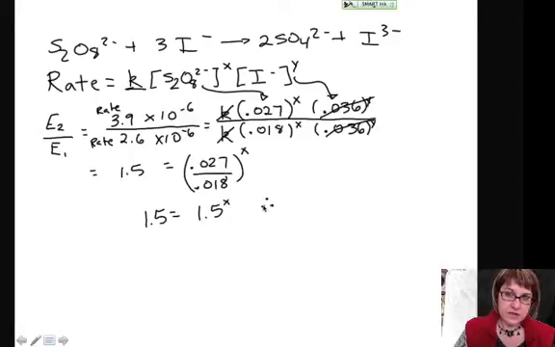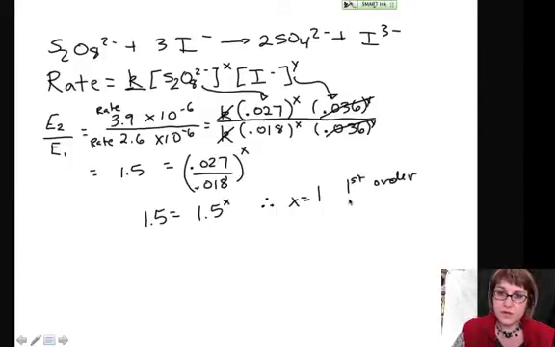In this case, the one thing's equal to itself. What does that mean? X is equal to 1, because 1.5 to the first power is just 1.5. So we know that this reaction is first order with respect to thiosulfate.